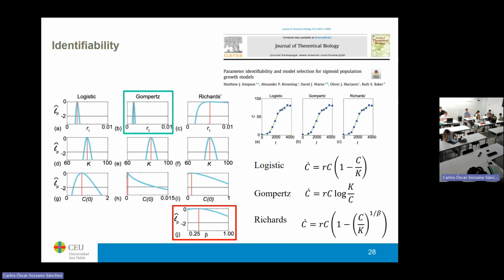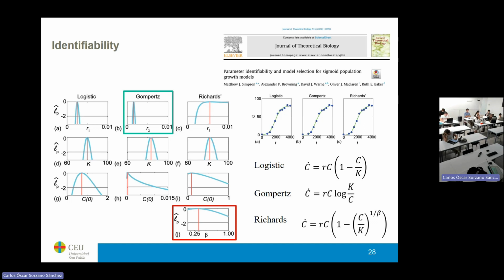So they saturate. And so you have these observations of the number of individuals in your plate, and you can fit a growth model like this. And you have different models.